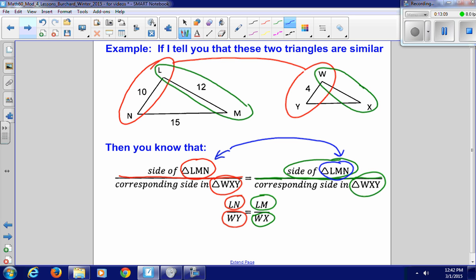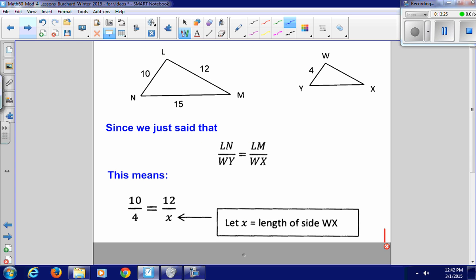So it didn't matter which order I put it in over here, but once I chose to put LMN on top, it's got to go on top over here, because the ratios have to be in the same order to set them in a proportion. So what we just said on the previous slide was that this was true. So now we can start plugging in some numbers.